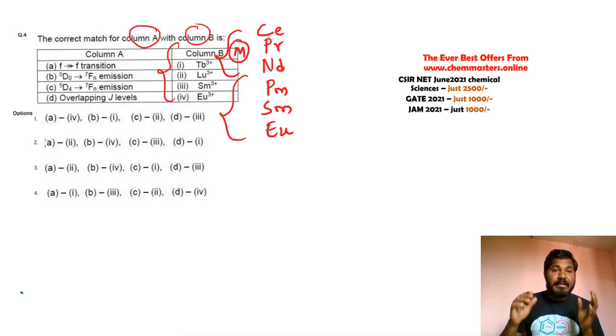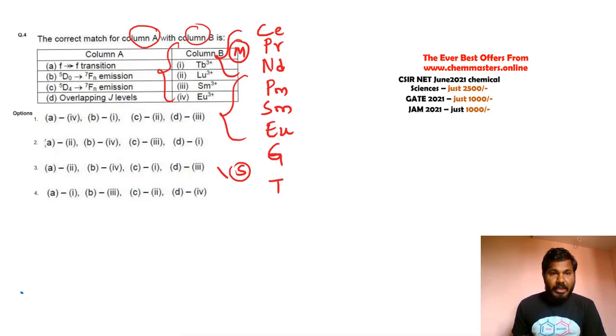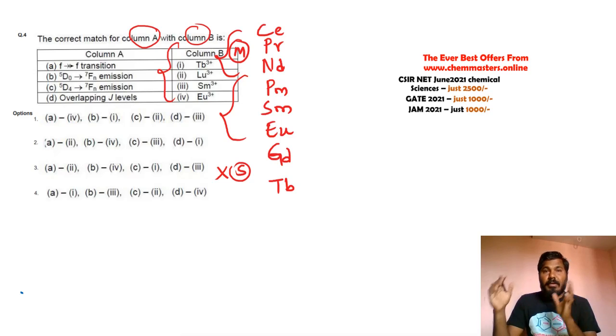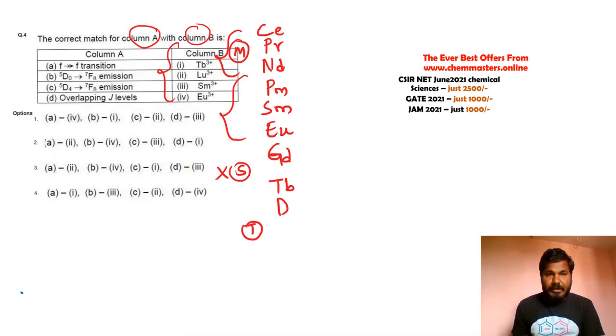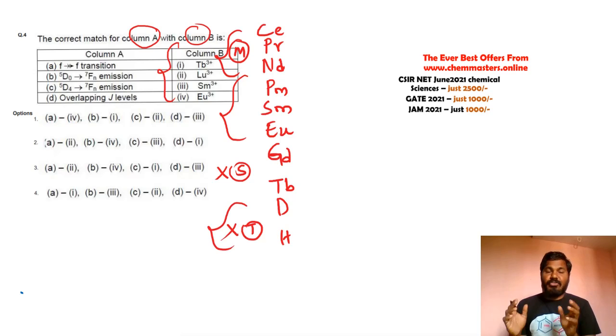And the next, the very popular sentence, G, yes and T. So just ignore yes, and remember the GST triad. For G we can give gadolinium, and for T, terbium. After GST, another popular one, D, T and H. So just ignore T, but remember DTH.